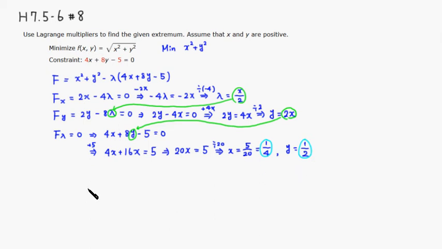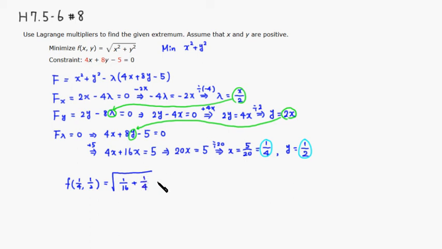So let's find the value of the function. So f, plug in 1/4 for x and 1/2 for y, is the square root of 1 over 4 squared, which would be 1 over 16, plus 1/2 squared, which is 1/4.